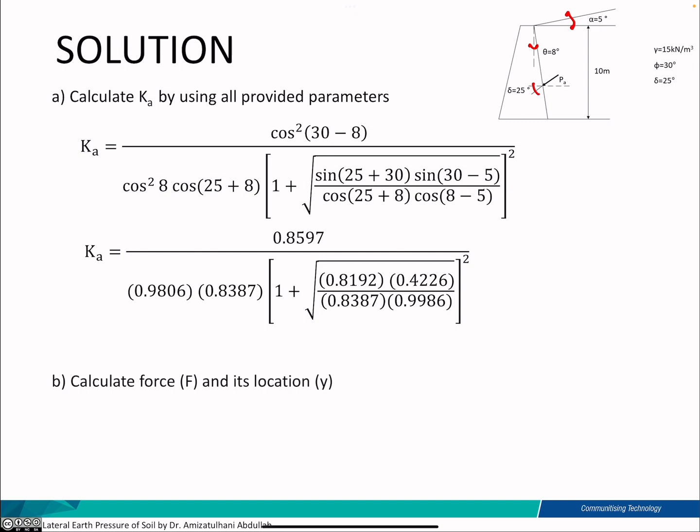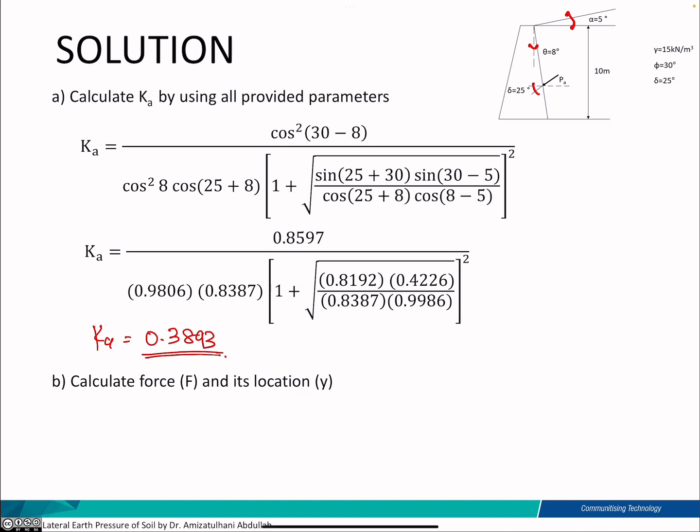Okay, so I believe Ka equals to 0.3893. So let's check if you get this number. And it's really straightforward. Why there's no groundwater table, type of the few layer types. So it's quite simplified.